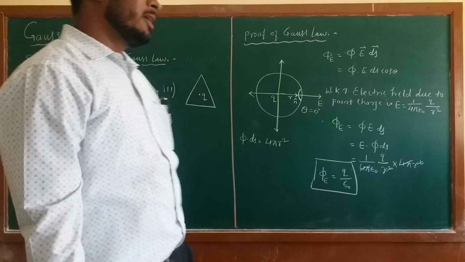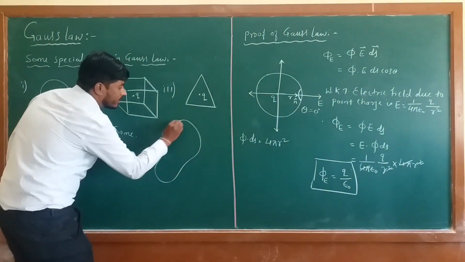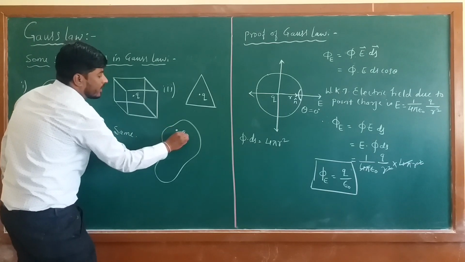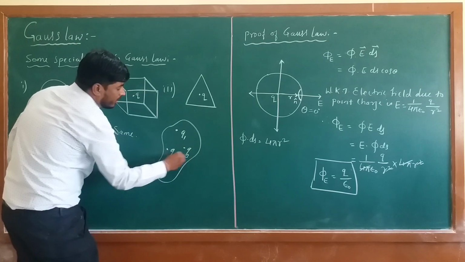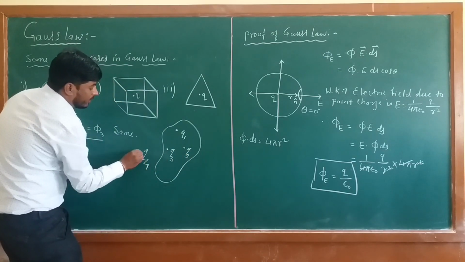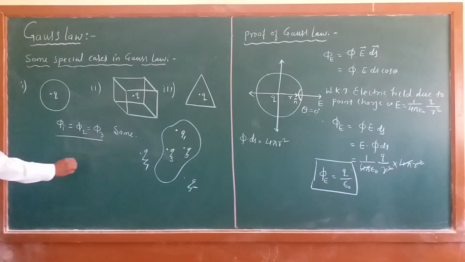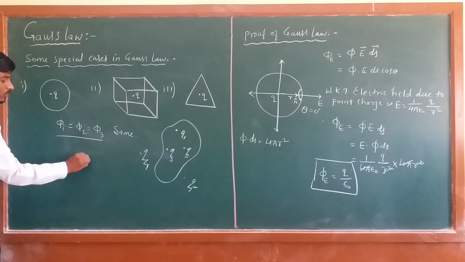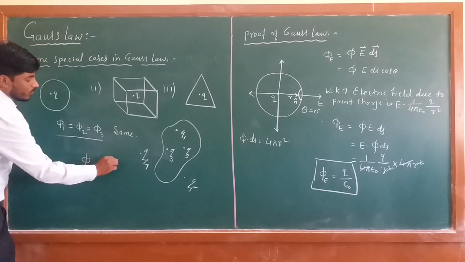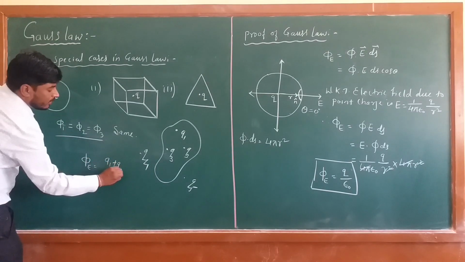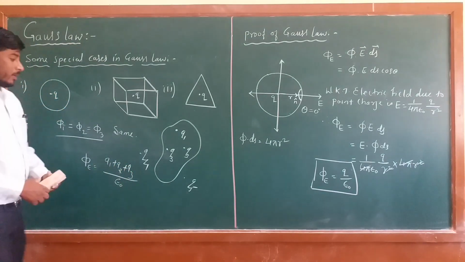In another case, say there is an irregular shaped body, and the charges influenced by this body are Q1, Q2 and Q3, while Q4 and Q5 are elsewhere. What will be the total electric flux? The total electric flux can be calculated using the formula Q1 plus Q2 plus Q3 divided by epsilon naught.